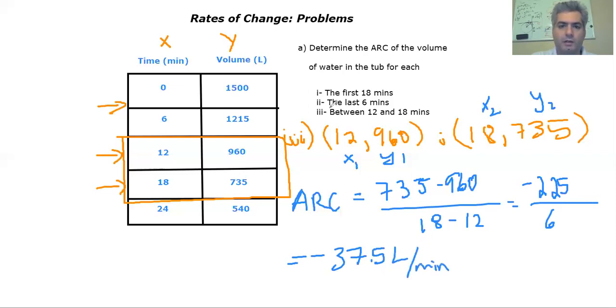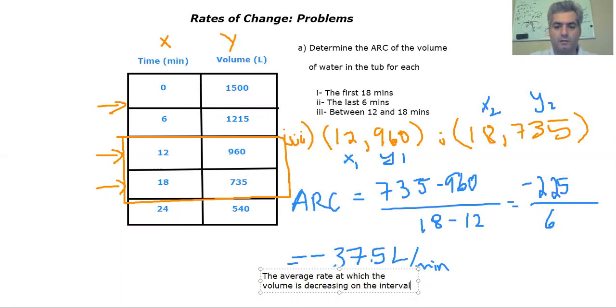You can make a conclusion so that you can see what the conclusion looks like. The average rate at which the volume is decreasing in the interval between 12 and 18 minutes is 37.5 liters per minute.